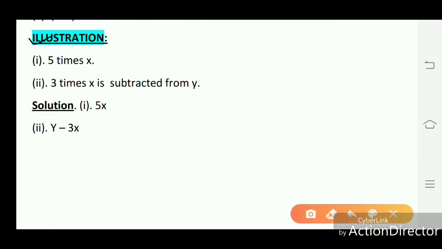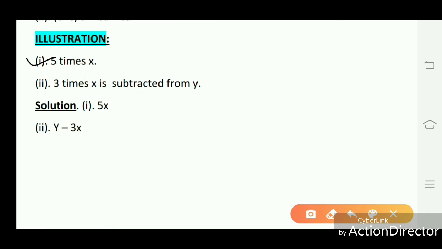For example, the first example: 5 times x. In algebra we write 5 multiplied by x, or 5x. In arithmetic, for the same question 5 times 2, we write 5 multiplied by 2, but in algebra we write 5x.